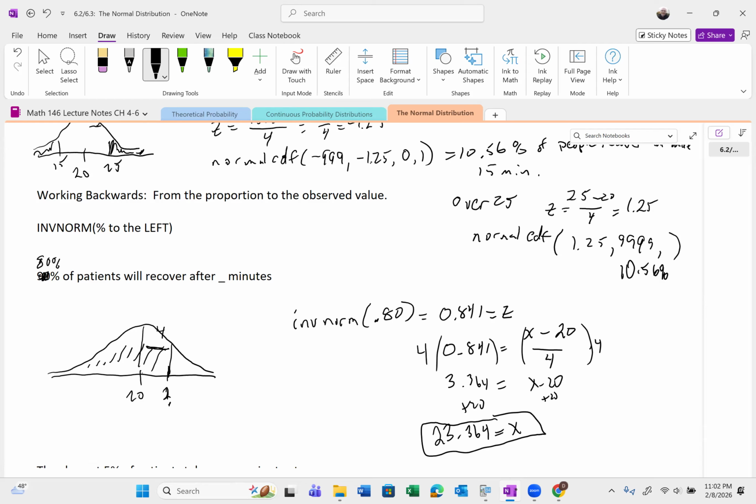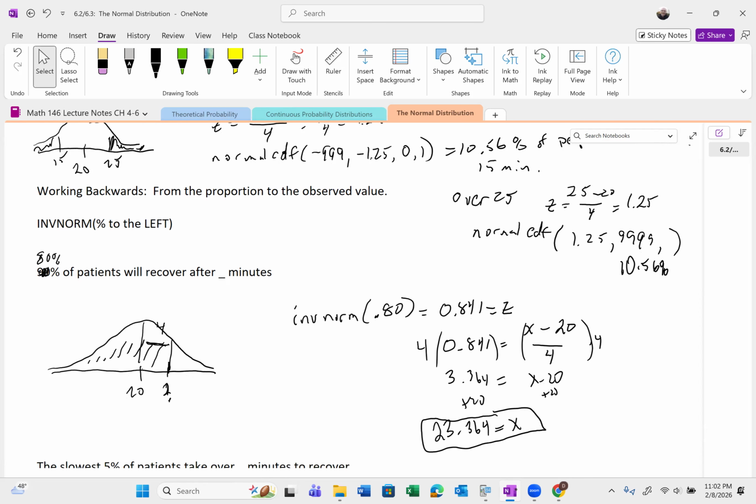So it's going to take 23.3 minutes, at the 23.33 minute mark after we stopped administering this anesthesia. We'd get 80% of our patients would recover after that value.